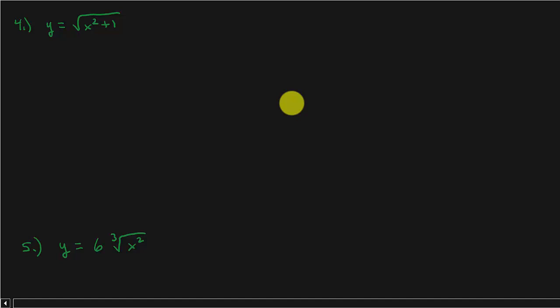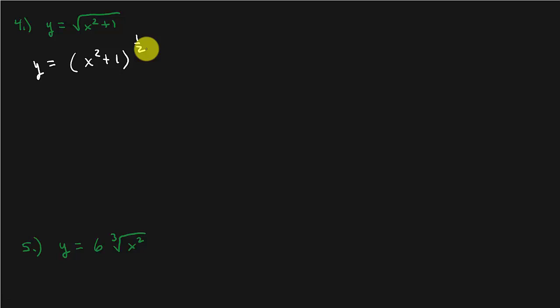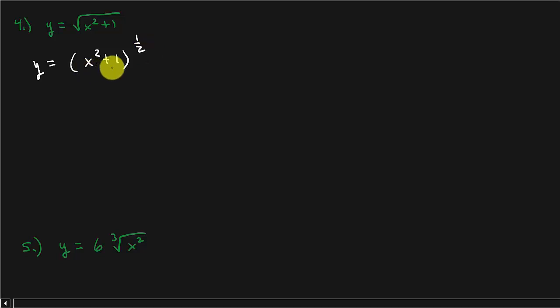Now, in this problem, do we have something in parentheses raised to a power? And the answer is, we actually do. Can't we rewrite square root as a 1/2 power? So you can see here we have something in parentheses raised to an exponent.